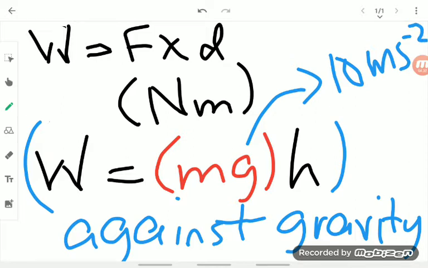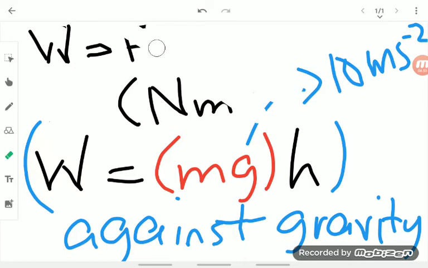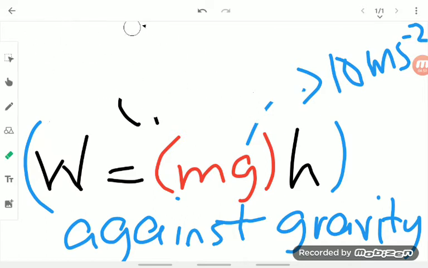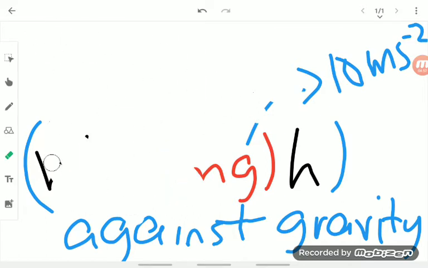But at this level, we'll mostly use it as 10 meters per second squared. And then multiplied by h, which is our distance. Because our distance is now a vertical distance, we just call it height. So that's work, and we've looked at energy. So both are measured in joules.